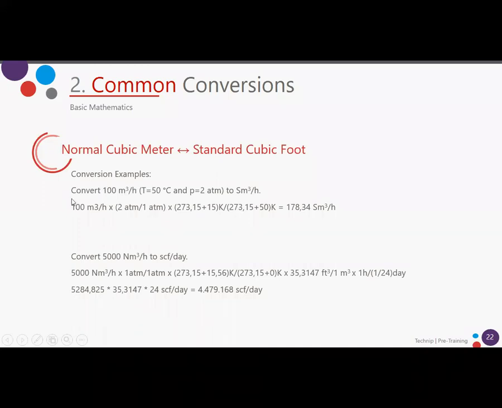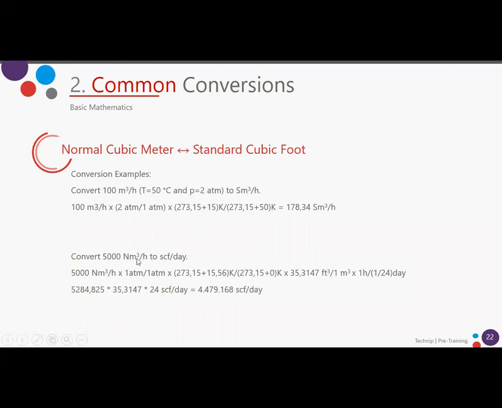And this equation will bring us to 178.34 standard cubic meters per hour. Okay. So again, 0 Celsius is 273.15 Kelvin, okay?